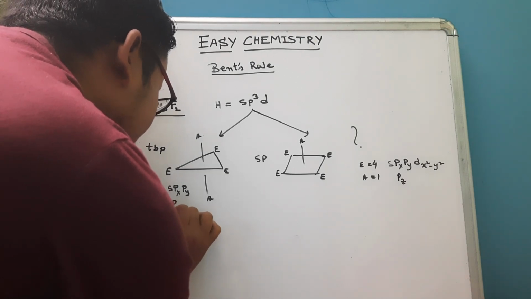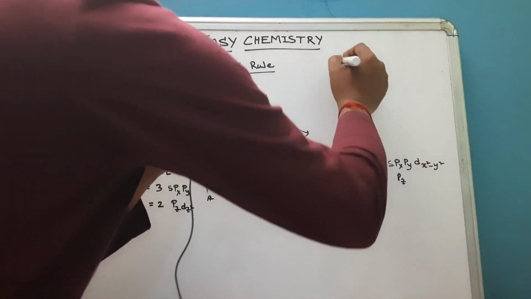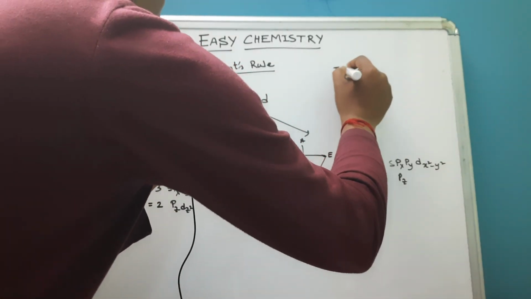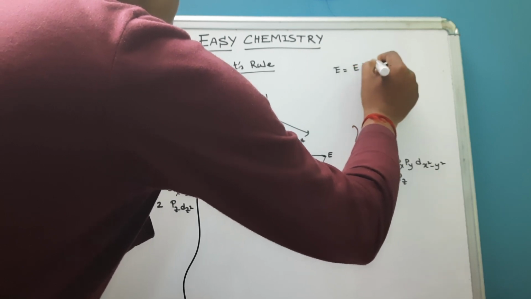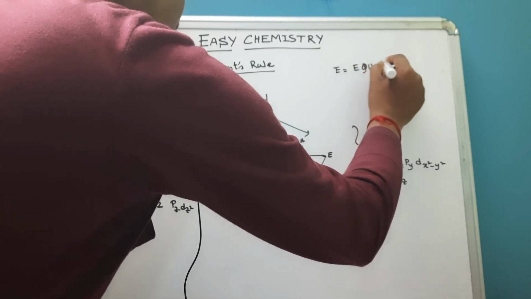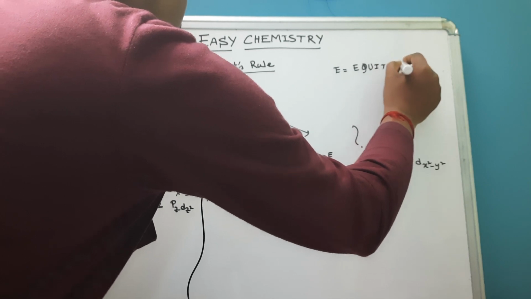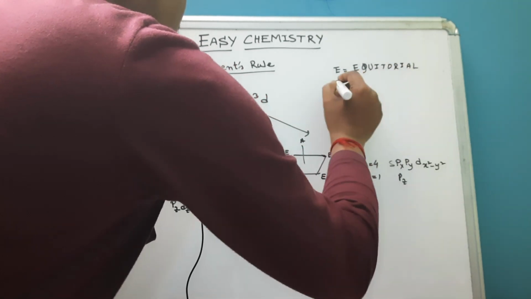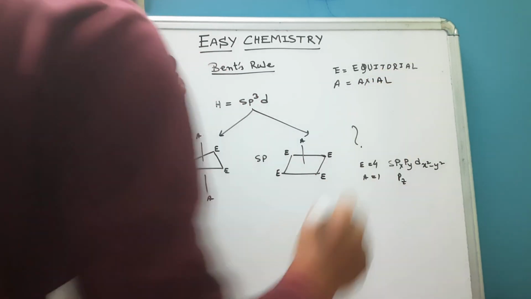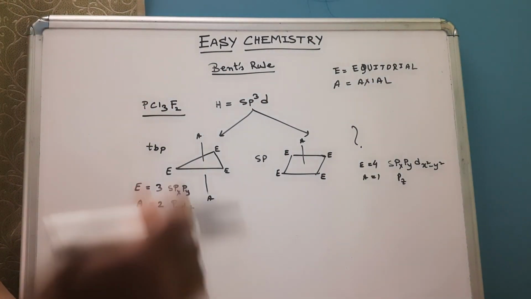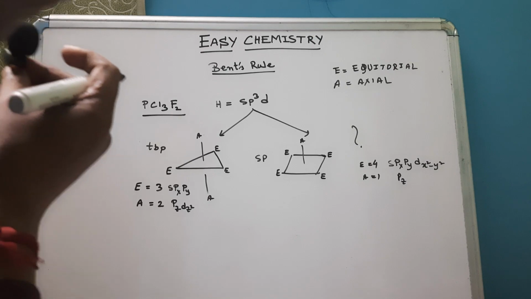This is Pz and Dz², and here E is for equatorial, and A for axial. Okay, my dear students, so what will be the shape of PCl3F2?